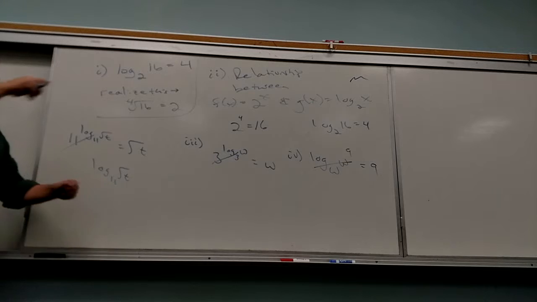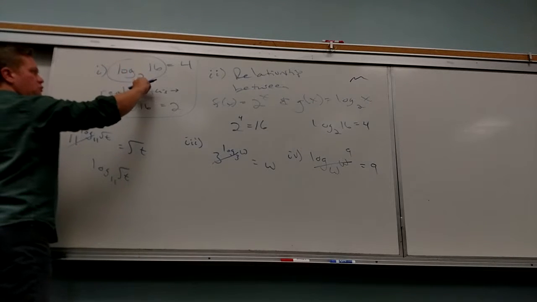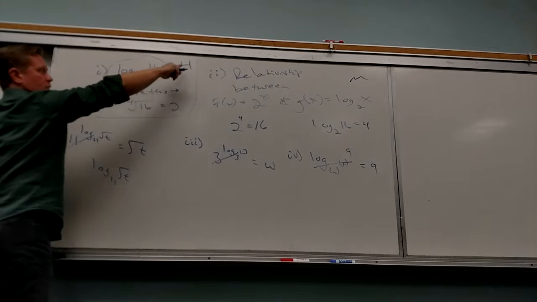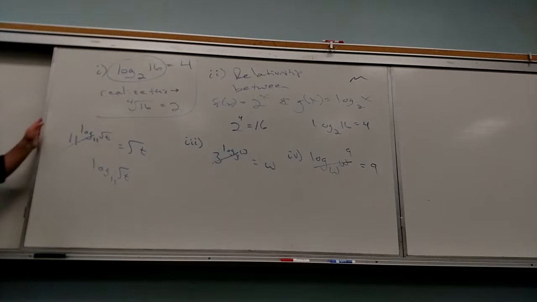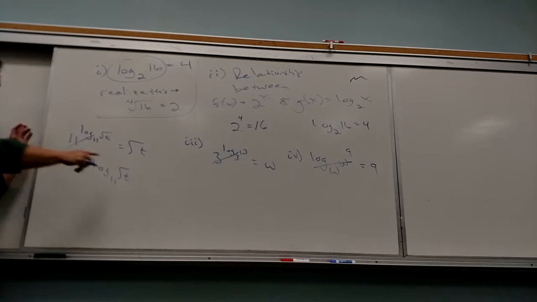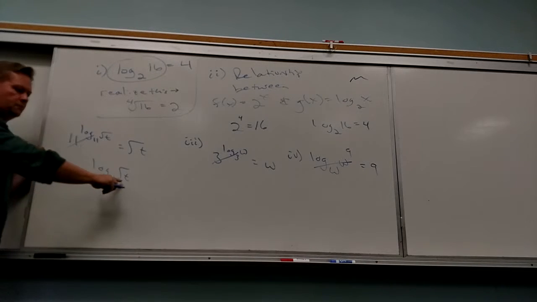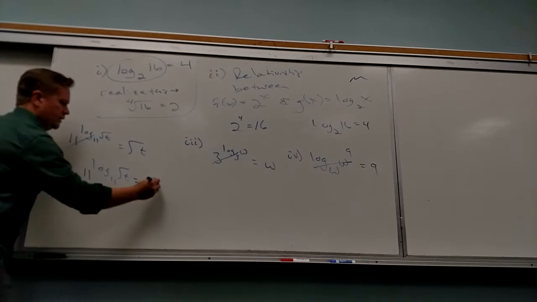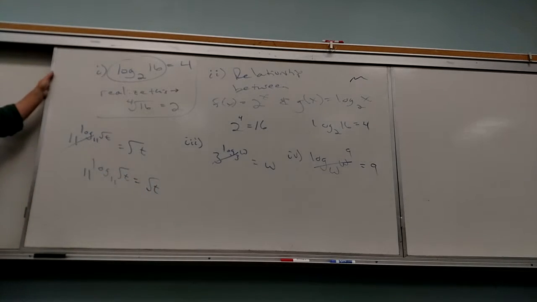That's what that represents, right? What does this represent again? The power that 2 needs to become 16. That's why the answer is 4, because it's the power 2 needs to become 16. So the logarithm statement itself represents the power 11 needs to become this. So what do I get when I raise 11 to it? I get this.